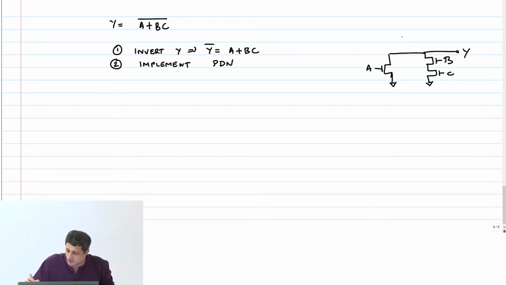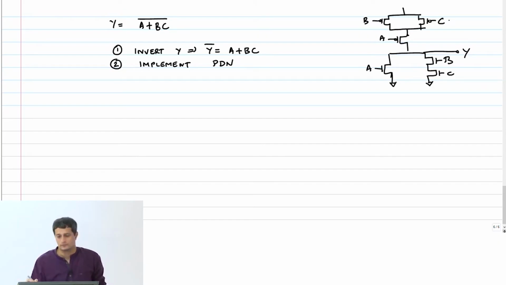That's the way you construct the dual of the network. So I will simply say A, B and C. Okay?